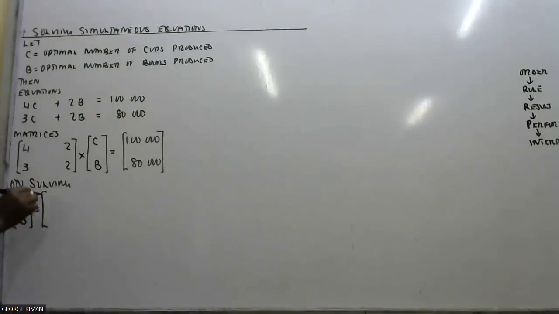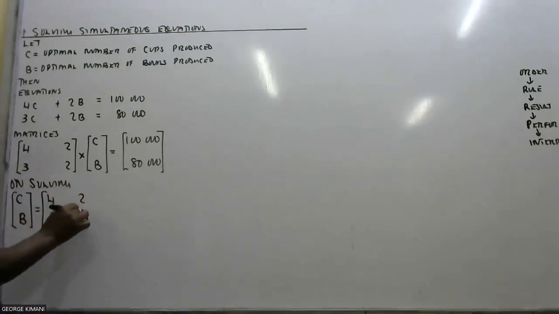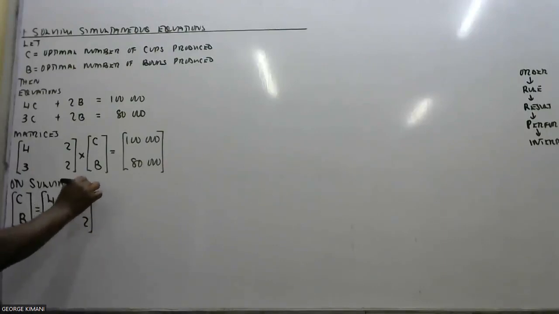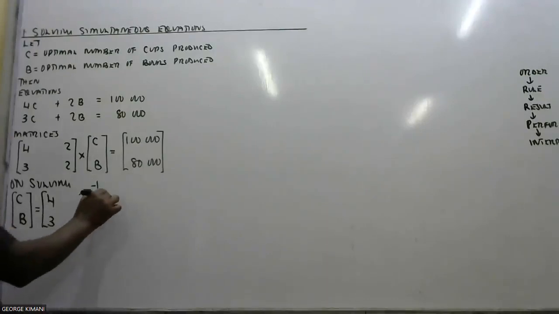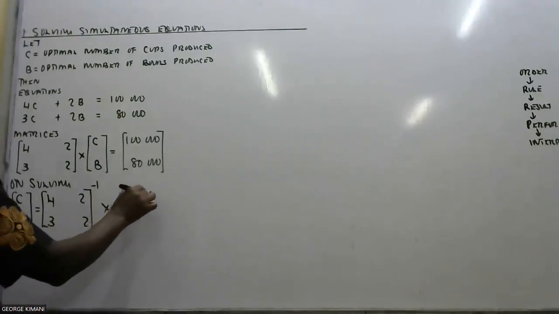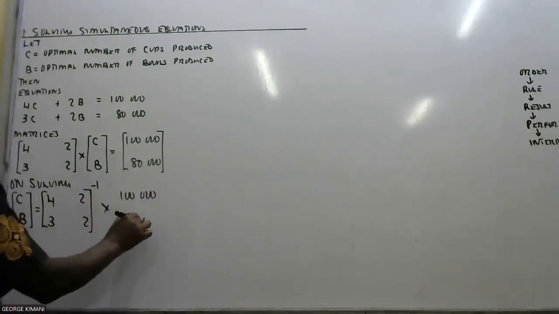You bring it here as the first matrix, 4, 3, 2, 2, but it comes in as an inverse, because it has changed the size. To come and multiply 100,000 here and 80,000 here.